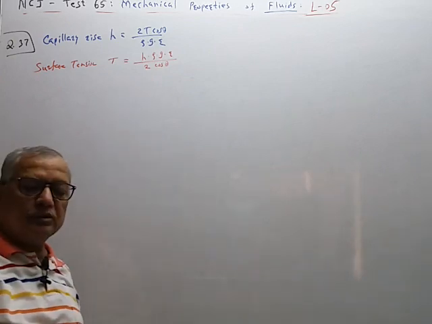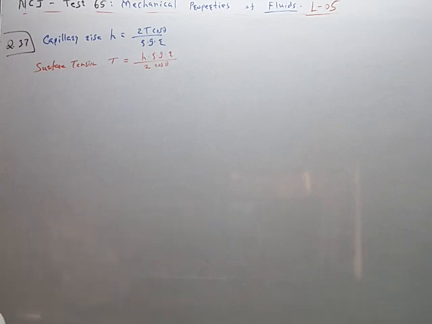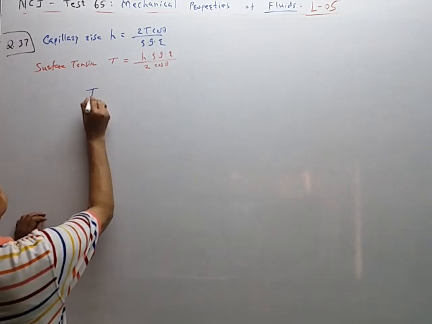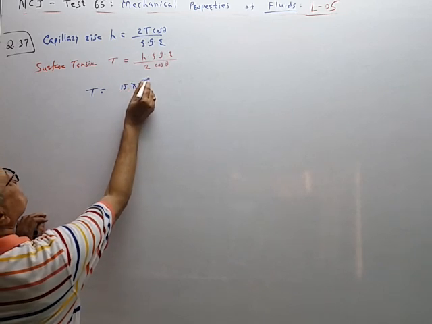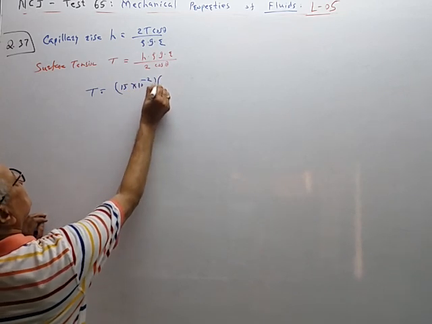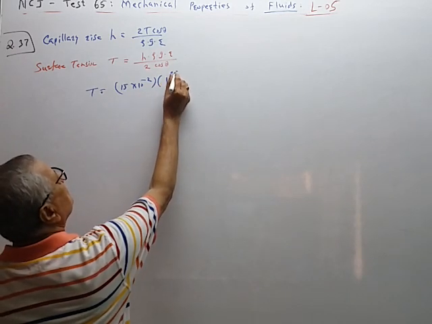So substitute the values. So height H is equal to 15 centimeter. Convert it in meter. So 15 into 10 raised to minus 2 meter. Density is equal to 1000, that is 10 raised to 3.